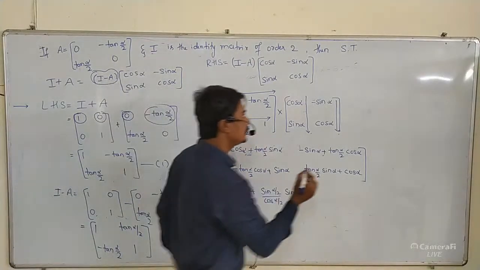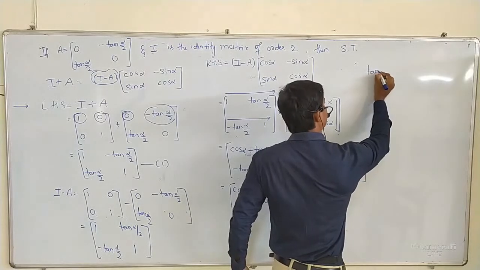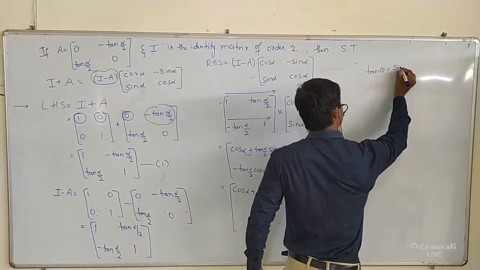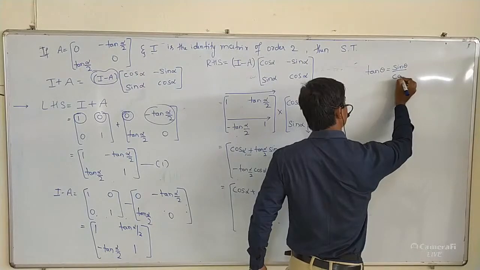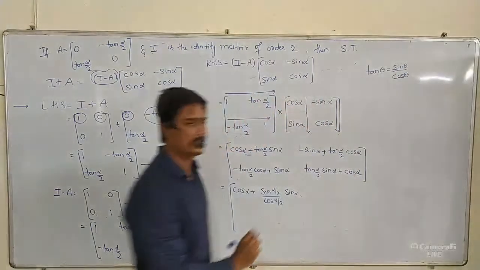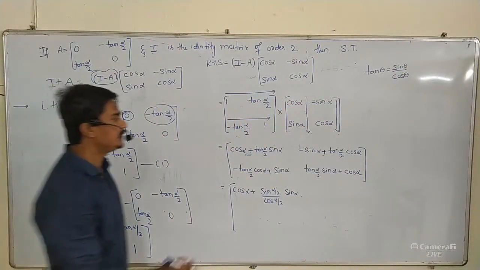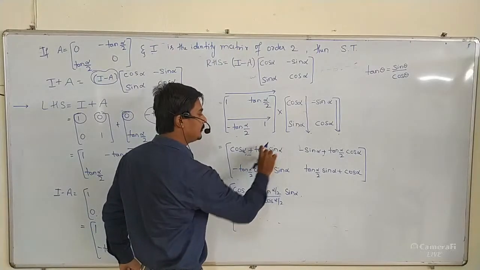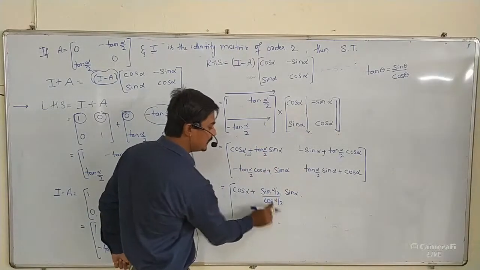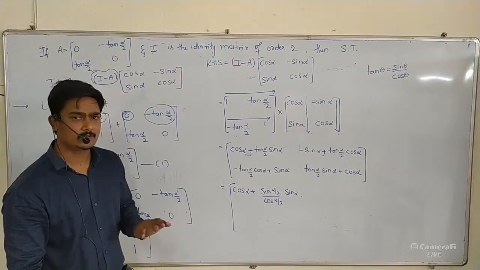Okay. So already you know this formula. What is that? Tan theta is nothing but sin theta upon cos theta, is it not? In the place of theta, we have alpha by 2. So tan alpha by 2 will become what? Sin alpha by 2 upon cos alpha by 2.